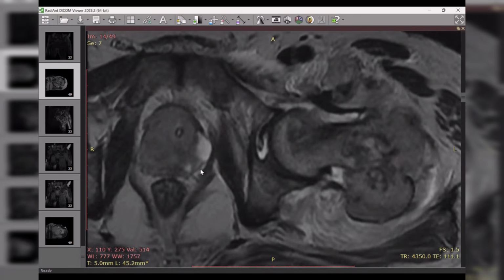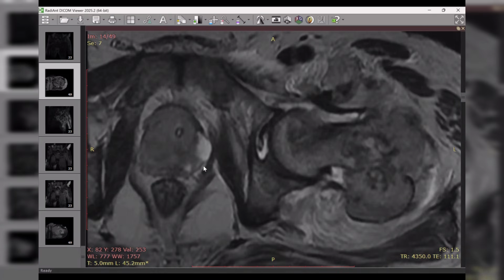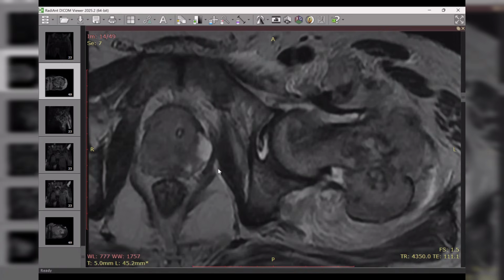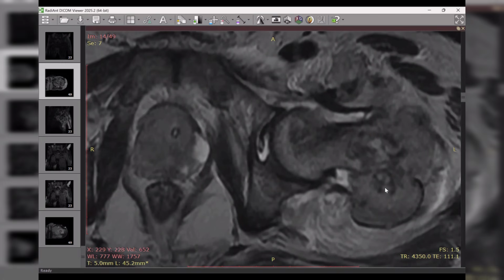Okay. This is the peripheral zone. Excellent. And this is the T2. What is our message in this case? Don't be satisfied by the primary lesion, right? Search for the primary lesion, which is the prostate process.